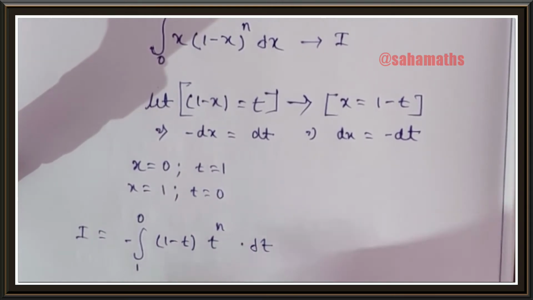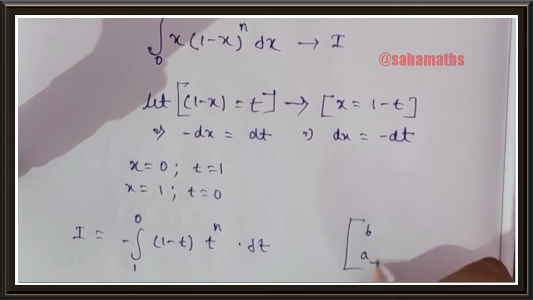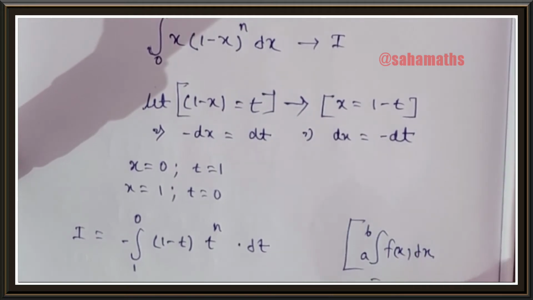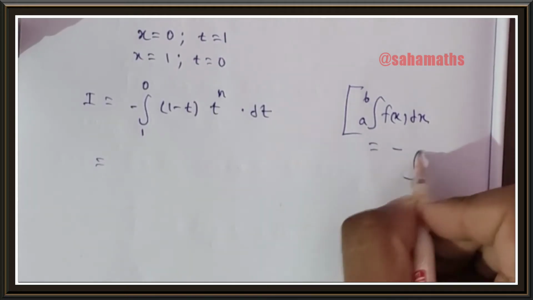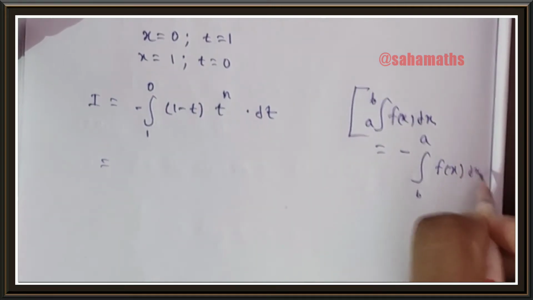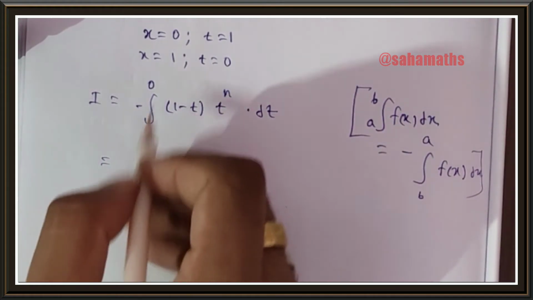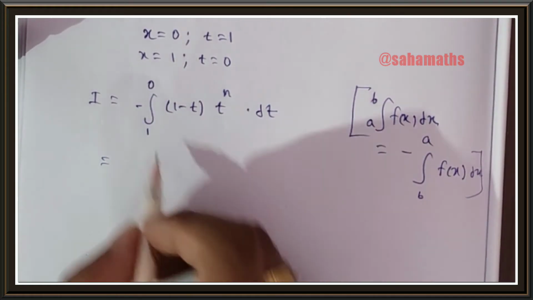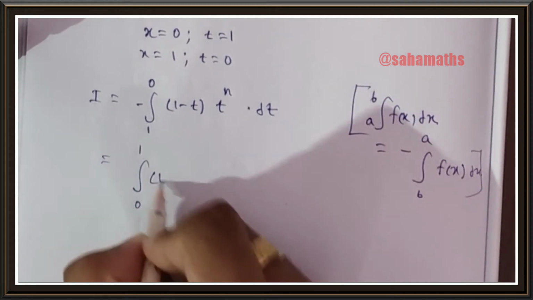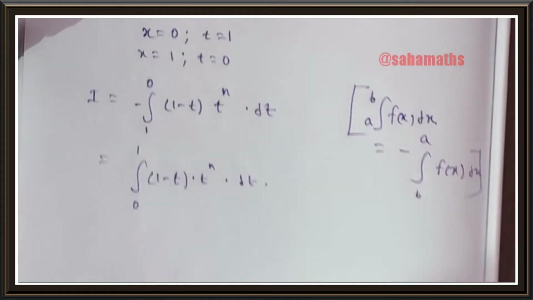Then we have the following property: the integral from a to b of f(x) dx equals minus the integral from b to a of f(x) dx. Keeping this property in mind, we change the limits, and it becomes the integral from 0 to 1 of (1 minus t) t to the power n dt.